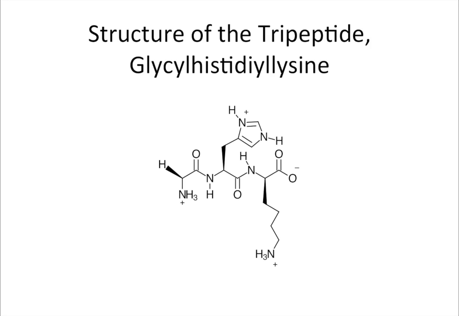In general, the environment in a normal cell is a rather reductive environment. A reductive environment is going to favor the presence of cysteine residues rather than cystine or disulfide bonds.